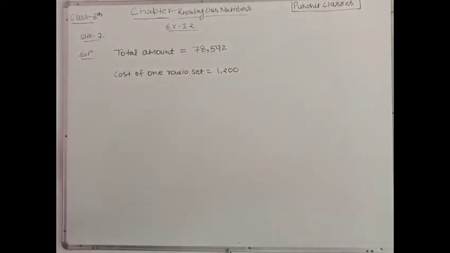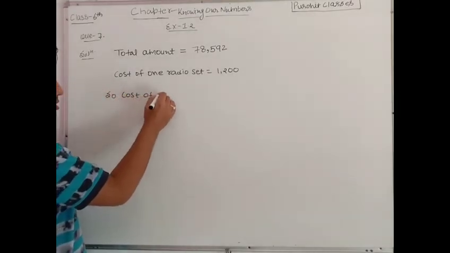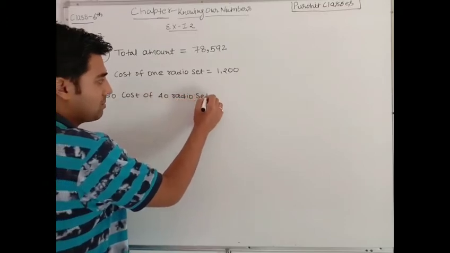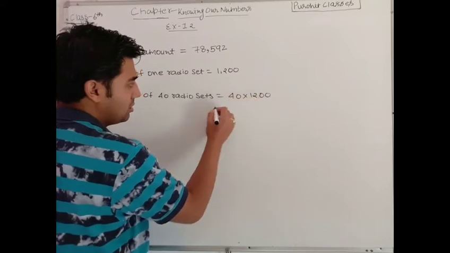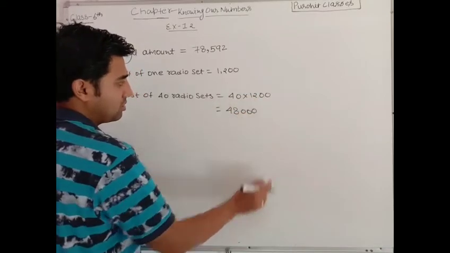Okay, and she placed an order of 40 radio sets. So cost of 40 radio sets is equals to 40 into cost of one radio set. This will be 12 4 times 48, and after that 3 zeros. Understood?